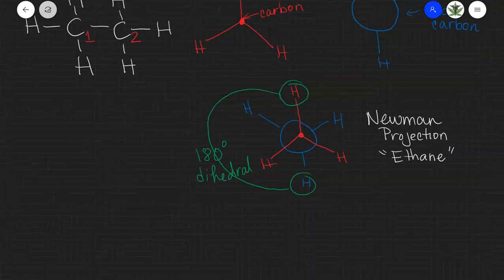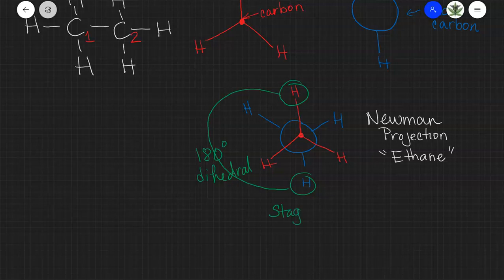The way that this Newman projection is written is called the staggered conformation, and it is the more stable conformation. Now we can rotate the front carbon. So let's again draw the back carbon. And what I want to do is take the front carbon and rotate it.